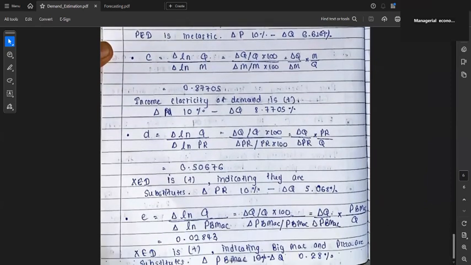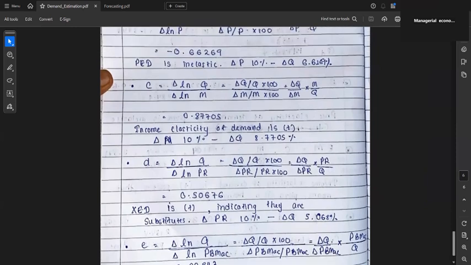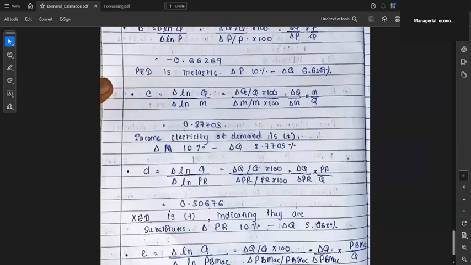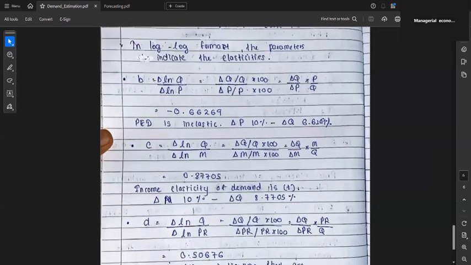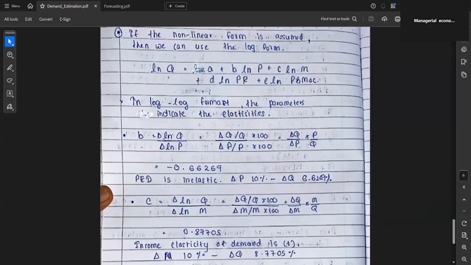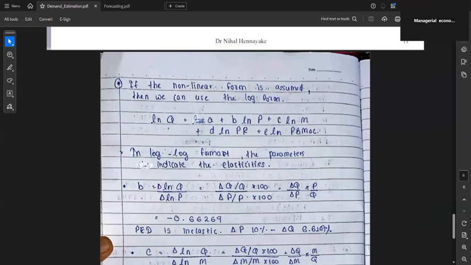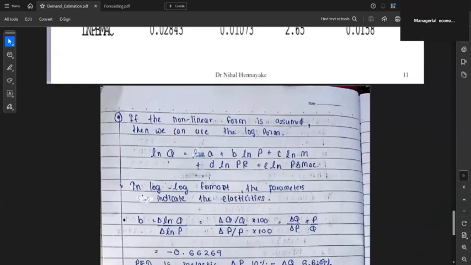So if we use the log form, we can easily obtain the elasticities. Why are they similar?